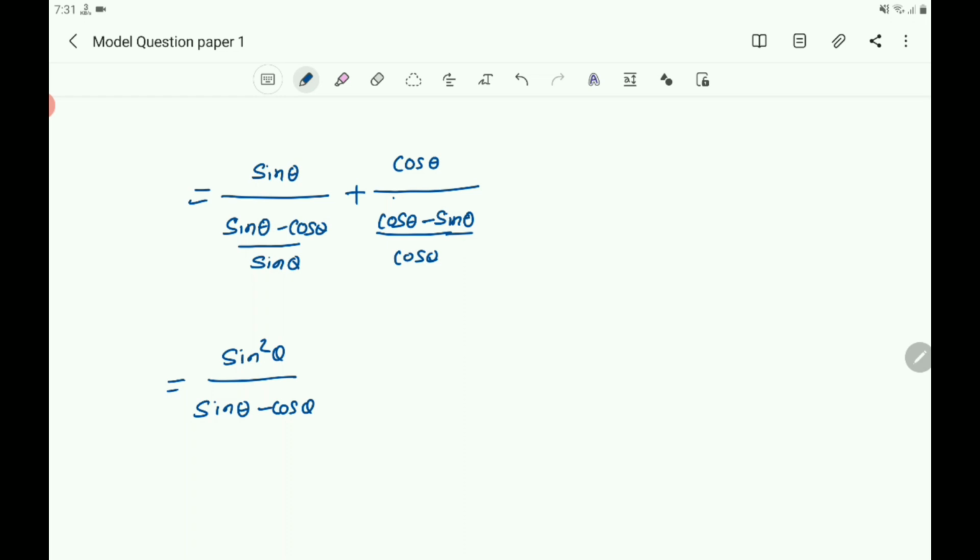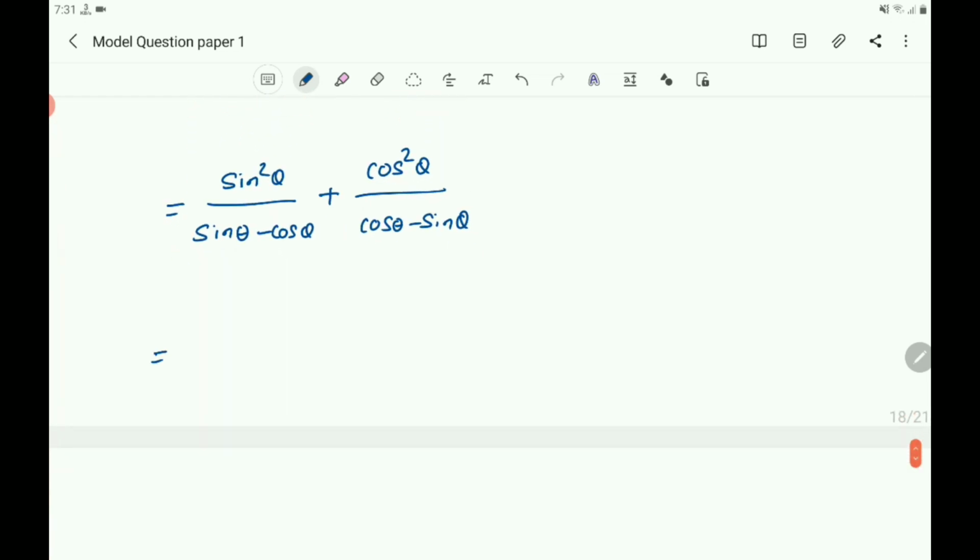Therefore, you write this is sin square theta by sin theta minus cos theta plus, here also it becomes cos square theta by cos theta minus sin theta.